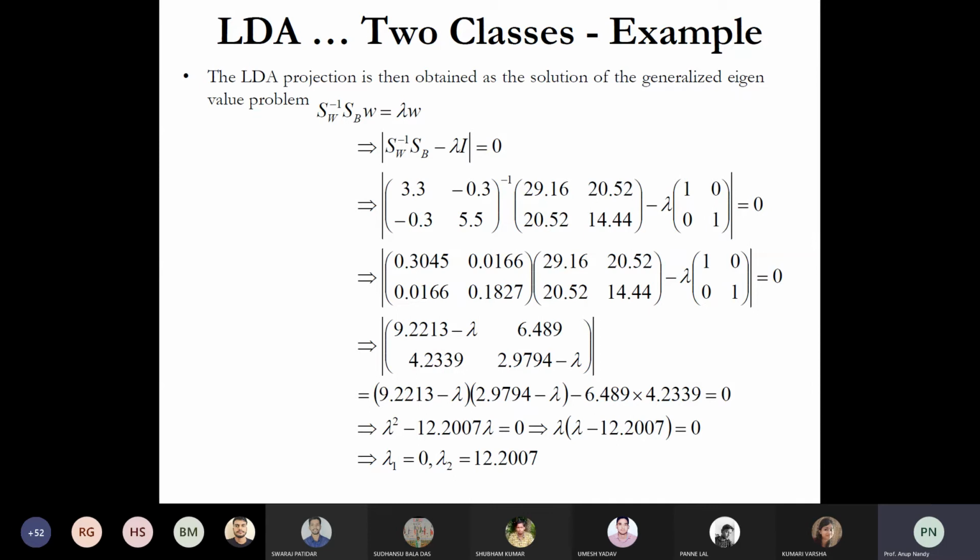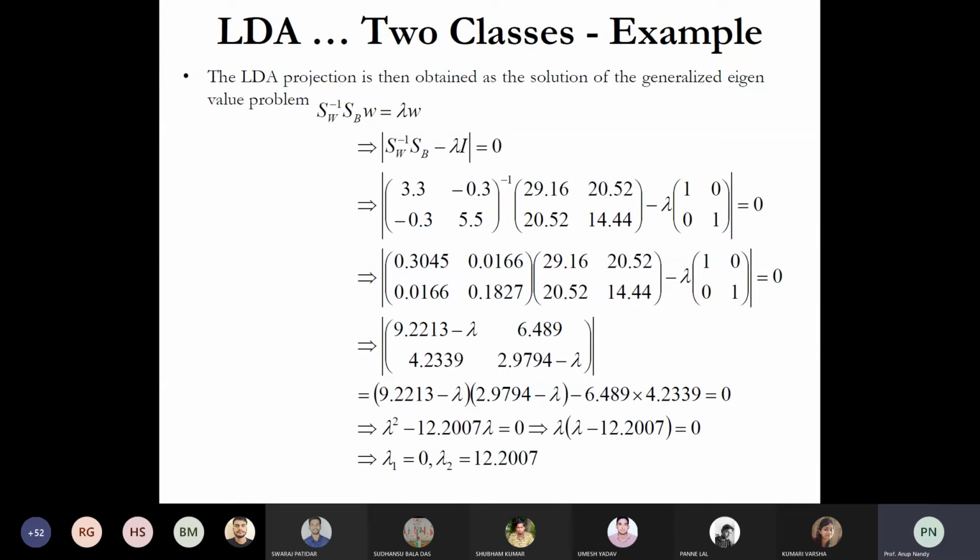How it comes, we have already seen: you have to differentiate these functions, g of w star. You have to find the w in such a way that this function is optimized. So SW inverse SB w is equal to lambda w. Now in the same way that you have A minus lambda I is equal to 0, you have to take the determinant of A minus lambda I is equal to 0.